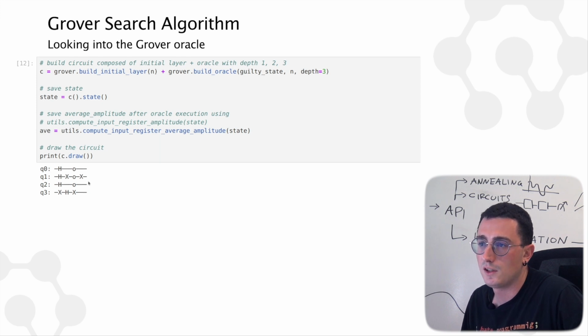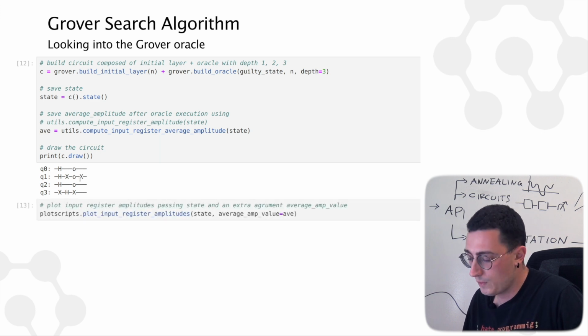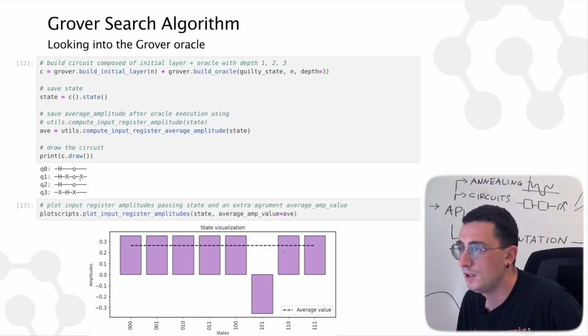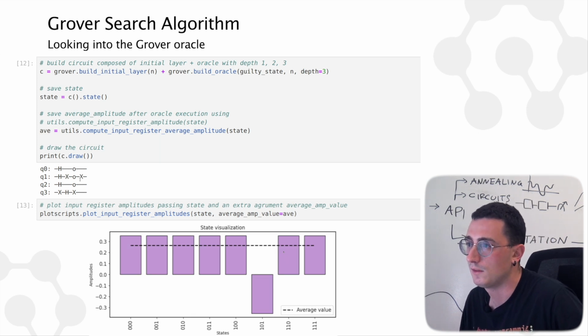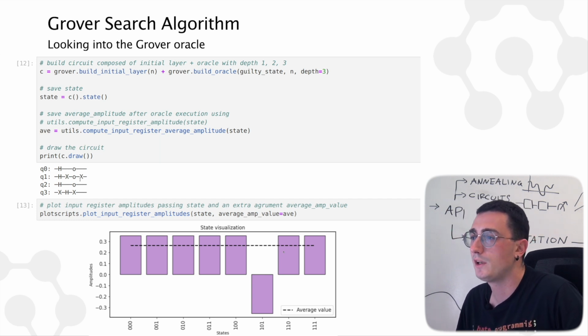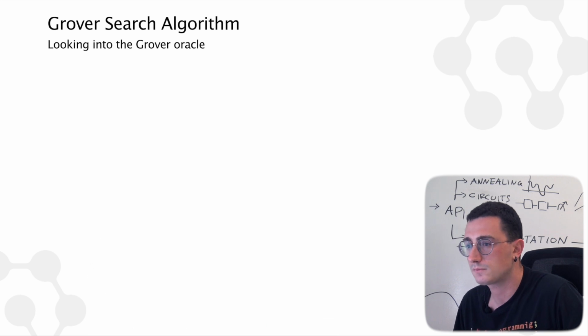As you can see now, the circuit diagram is showing that we are also adding the X gate. And if we plot it, you will see the flipped component is moved from 1, 1, 1 to 1, 0, 1. So the oracle is perfectly doing what we want. We can move on with the diffusion operator.